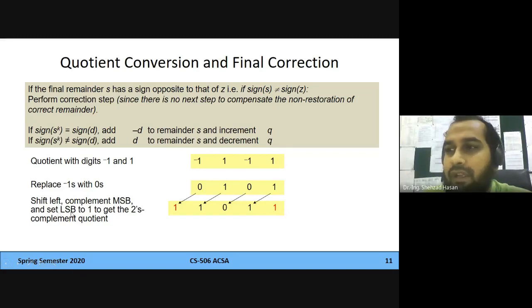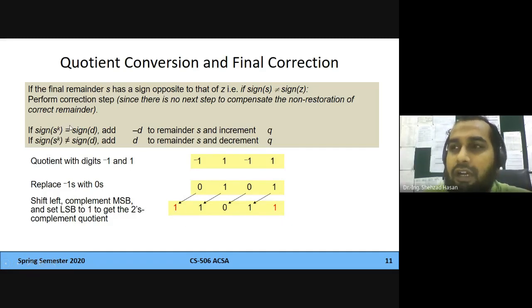This is going to get 1, always a 1 over here. So this LSB is always going to be 1. So you shift it left, put a 1 over here, and complement the MSB. There are 3 things that you're doing: shift left, complement MSB, put a 1 over here. Now this is your converted quotient.